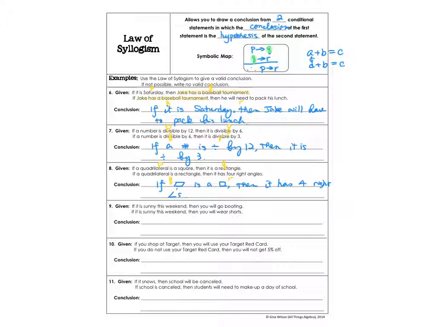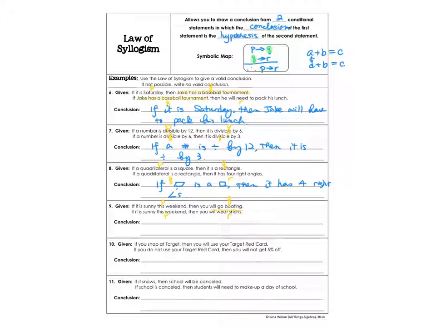Okay. Number 9, if it is sunny this weekend, then you will go boating. So I have my P here, and then go boating is my Q. If it is sunny this weekend, this is P again, you will wear shorts.